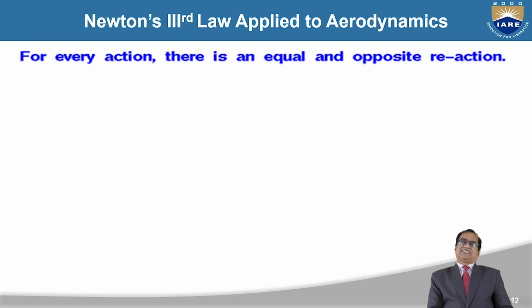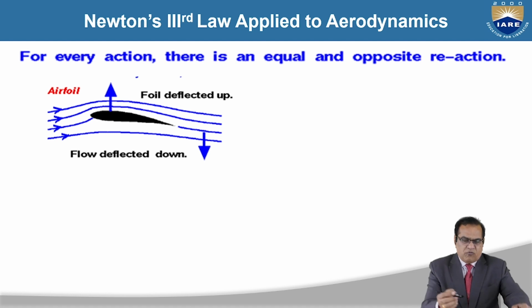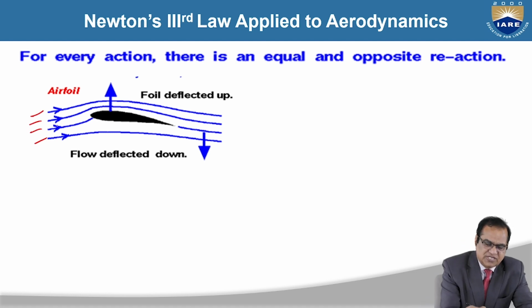We should also see the second one, Newton's third law applied to aerodynamics. We know Newton's third law: for every action there is an equal and opposite reaction. You can see the airfoil here, the flow is moving from this direction.